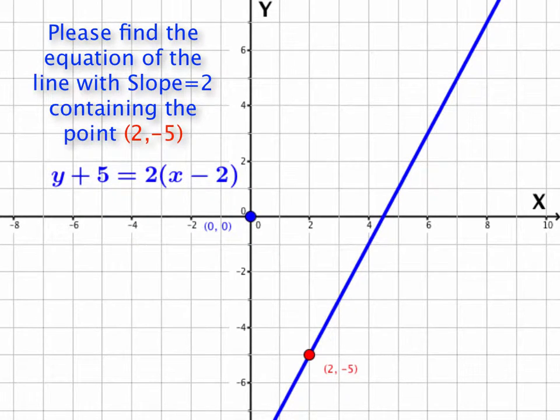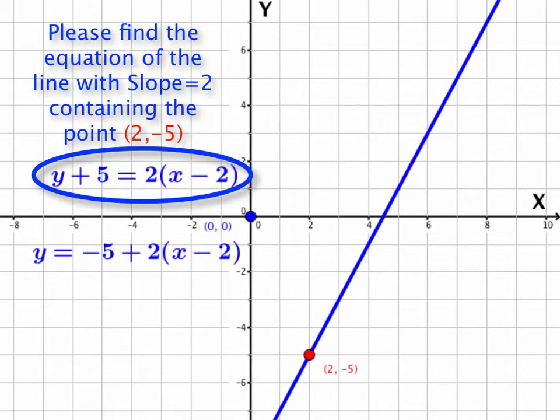Now there are a couple different ways to rewrite this same equation, each of which has its own merits. For instance, this one is great because it tells you exactly the slope and what point your graph goes through. Another way to write this is y equals negative 5 plus 2 times the quantity x minus 2. And note all I did was subtract 5 from both sides of this equation.